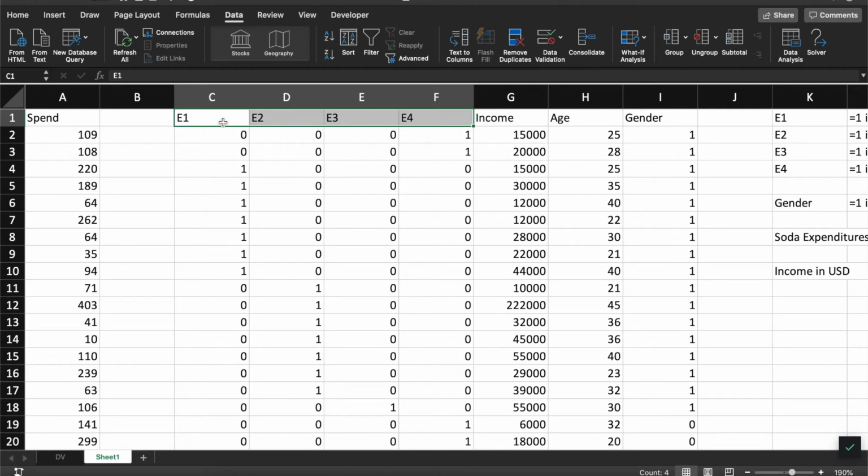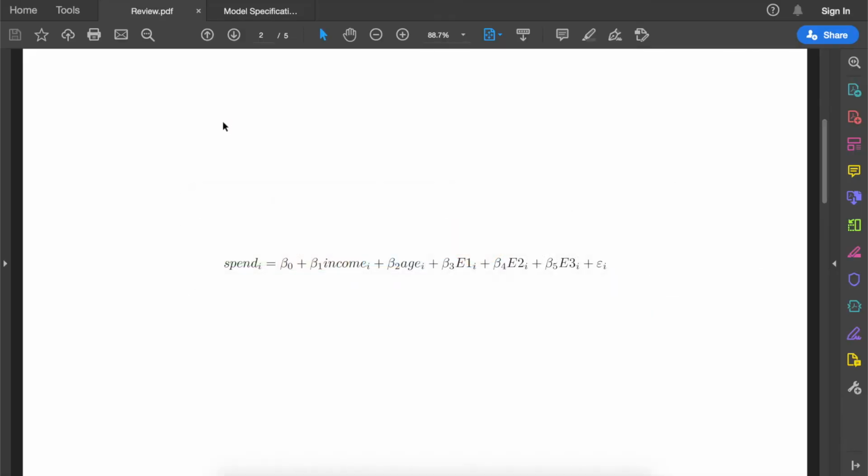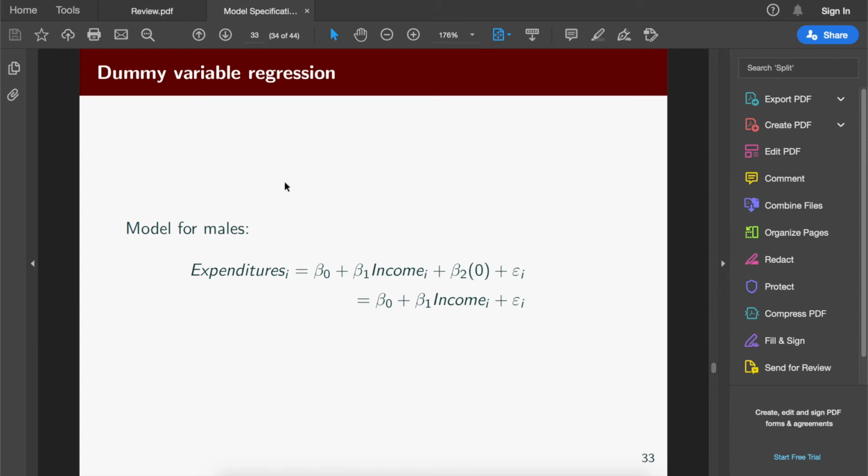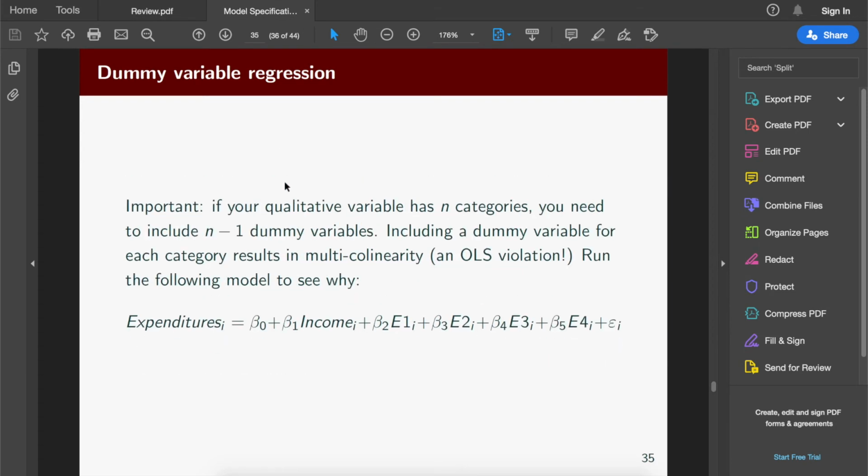So again, I'm going to refer us back to the original lecture material, where I go through just a little bit of detail on why. If we try to run this model here with all 4 of these dummy variables, that's going to result in a violation of this collinearity assumption. So this regression, as I've written it here in the lecture, is not possible.